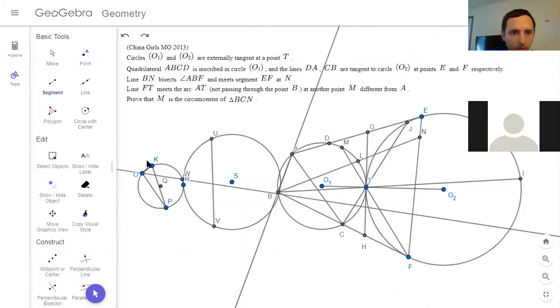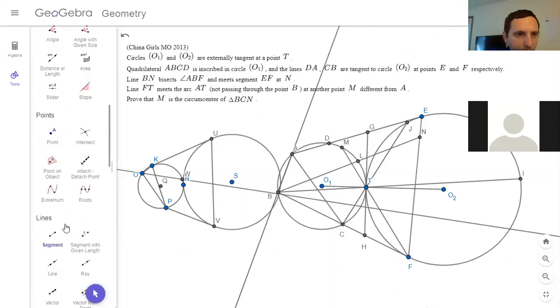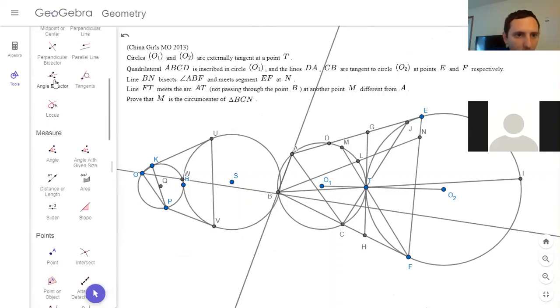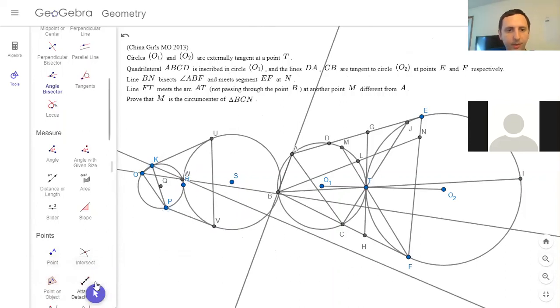Oh, okay, KU is tangent, PV is tangent. And let's draw the excenter. That's it. See, that's so weird. The excenter of this doesn't lie on it in this picture.